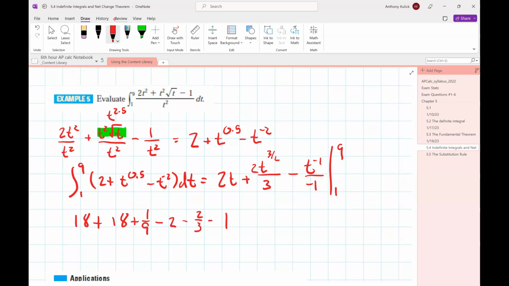Taylor. Why is it minus 2 and then minus 2/3 and then minus 1? Because I'm doing like f of 9 minus f of 1. Oh, so then minus 2.